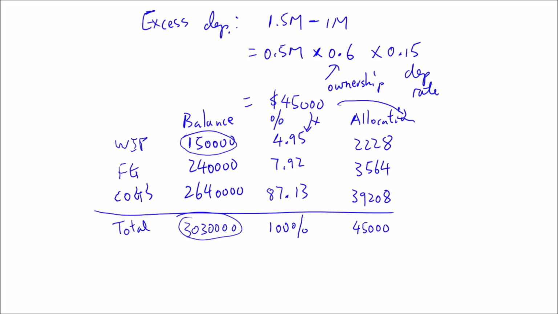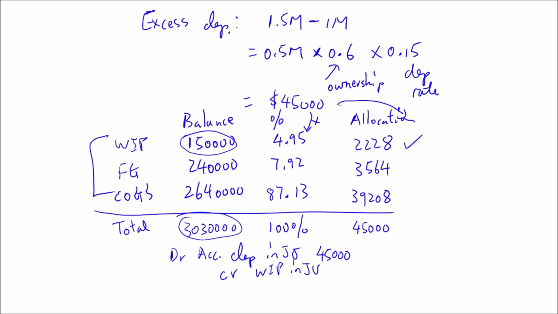And finally, we are going to put the journals together. So for that one, we are going to reverse accumulated depreciation in the journal, 45,000. Remember, this is a reversal. We want to reverse the depreciation. That's why we want to debit accumulated depreciation. And then on the credit side, there will be these three accounts. So we're going to credit WIP in the journal, and the amount is going to be there.